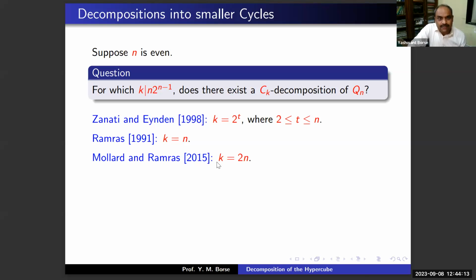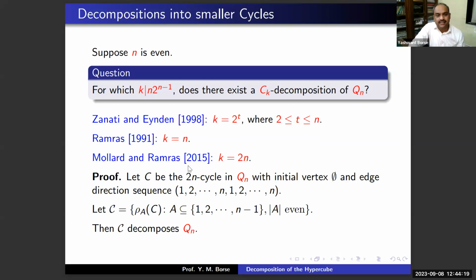So Mollard and Ramras considered the case of k equal to 2n, and they constructed a nice cycle of length 2n. The cycle has initial vertex phi and edge direction sequence 1 to n, 1 to n, again 1 to n. So this is a cycle of length 2n.